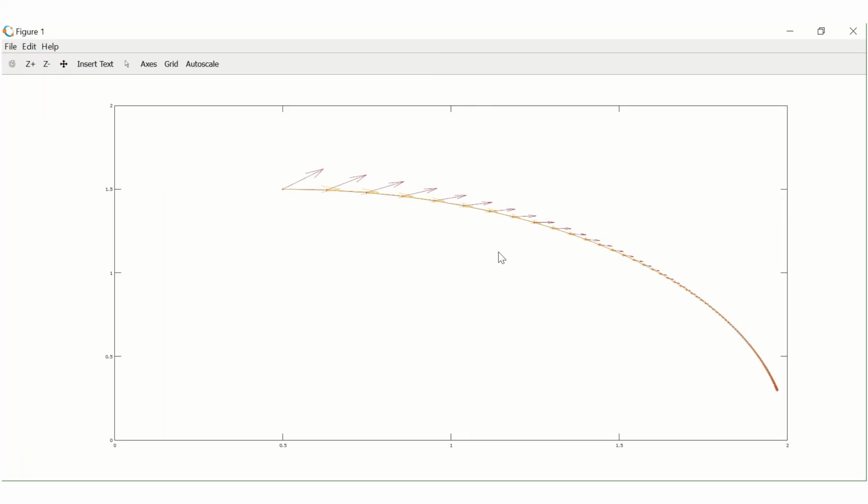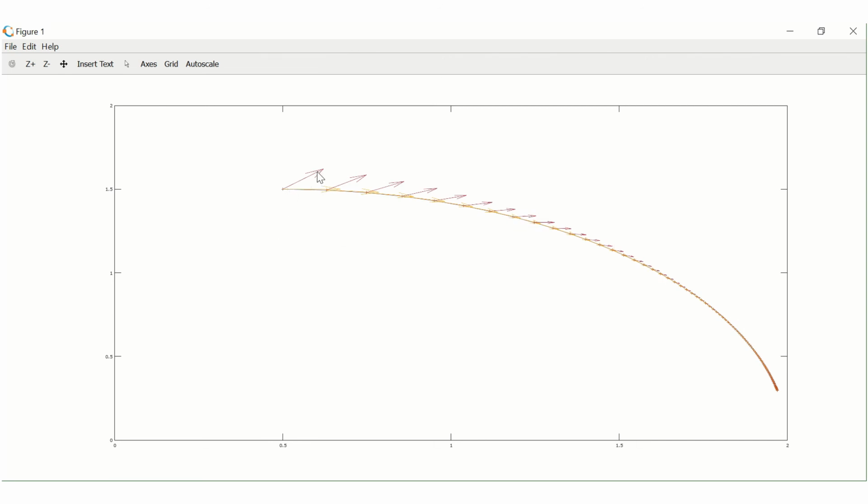So here you have the line in orange. This is the velocity. You can no longer see the position of the particle because it is covered by the velocity arrow that represents the velocity of the particle moving nicely along this line here.